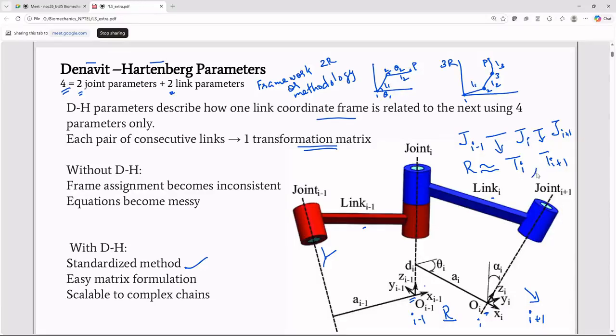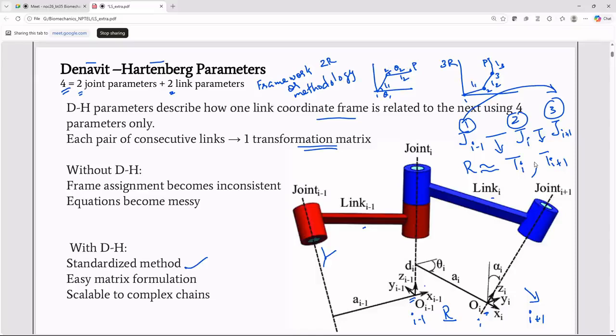So there will be some matrices, and when we need to understand the relation between I minus 1 and I plus 1, that is this one, when we want to directly calculate the relation between 1 and 3, we can multiply, or take a dot product of these matrices to get that relation.